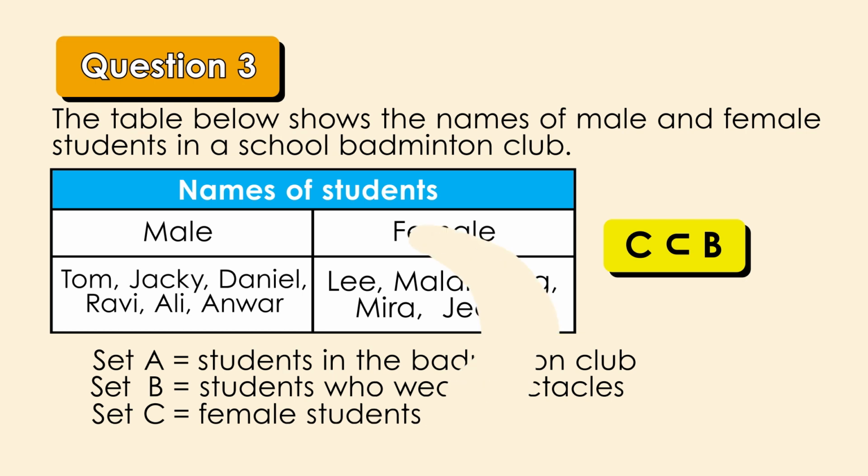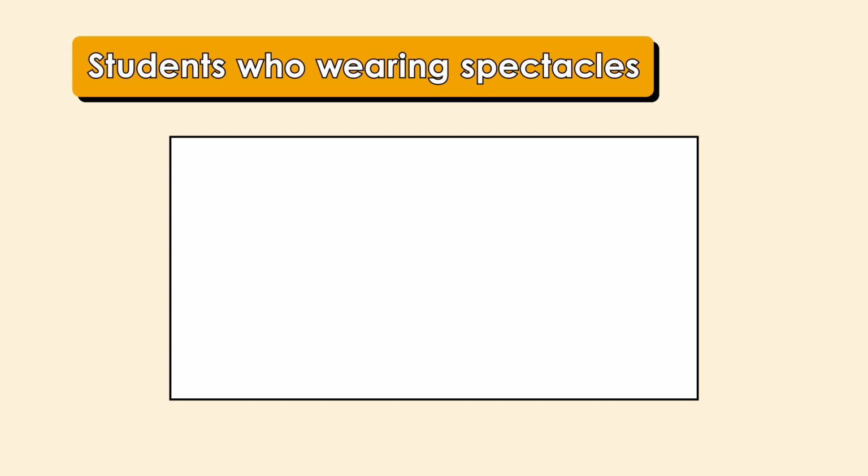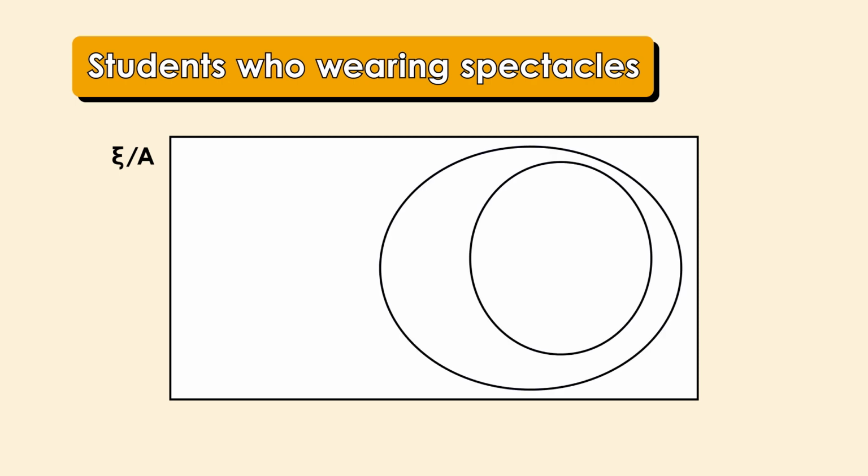First, we draw the rectangle to represent the universal set and label A. Next, draw two circles to represent set B and set C. Remember, set C is a subset of set B. Thus, the circle of set C is drawn inside the circle of set B.